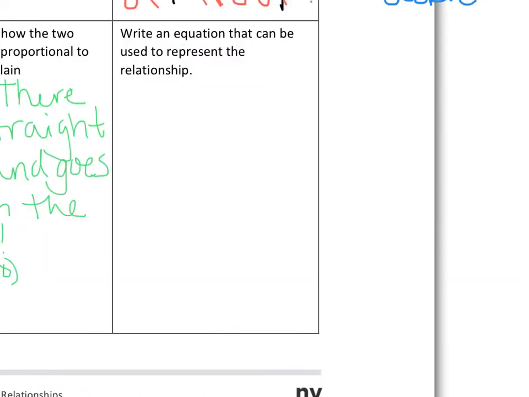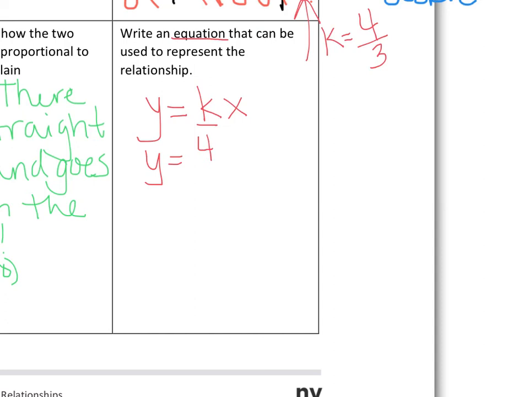Okay, now I'm going to shift over and we got one more box to fill in. Last but certainly not least, we need to write an equation that represents this proportional relationship. Remember that our equation is y equals kx. Looking in the box above us, we should be able to find that our k was 4/3, right? So y equals 4/3 x.